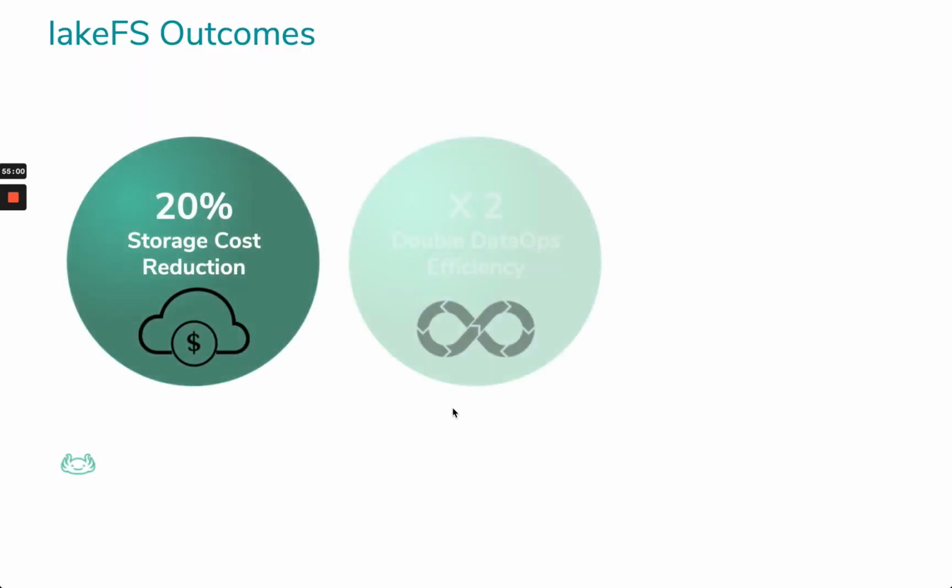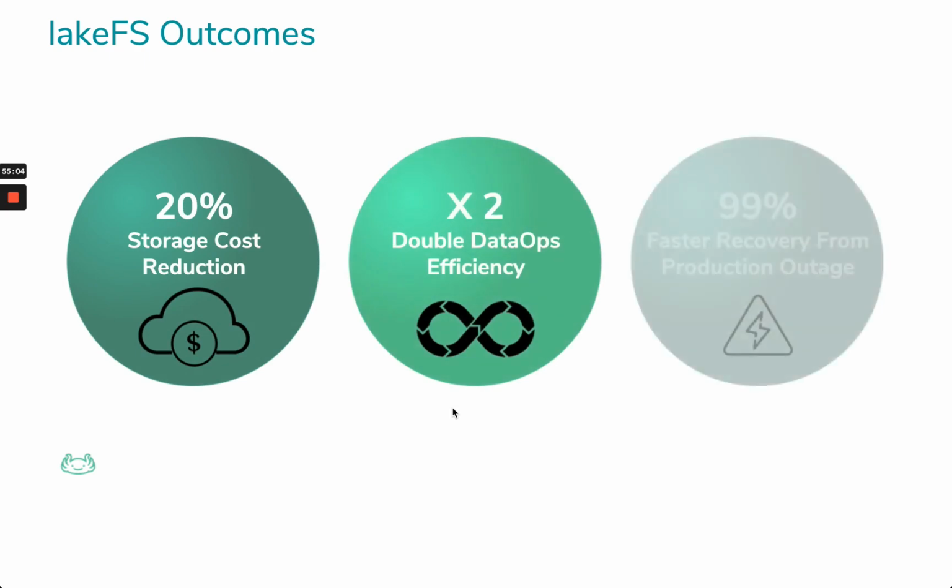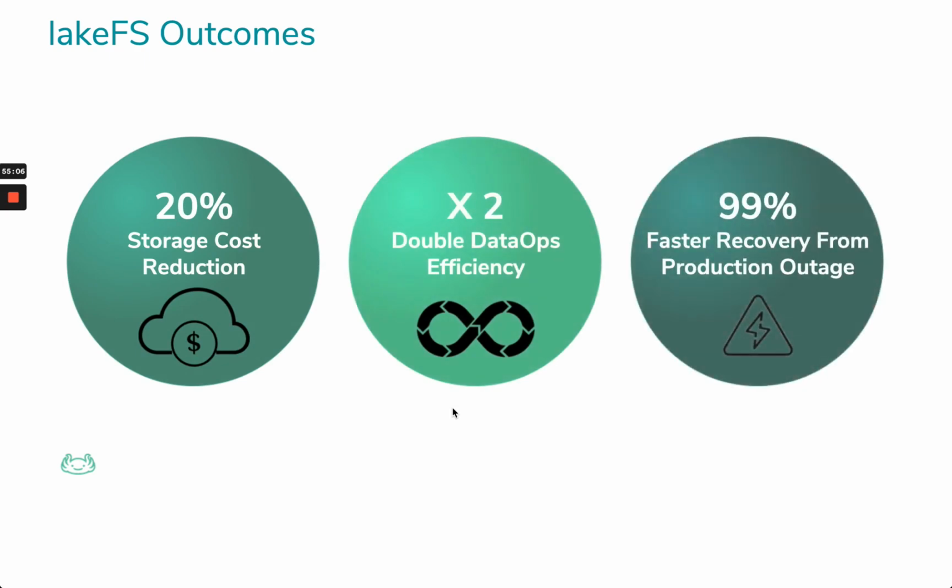Some of the nice outcomes for that: many times we are being asked to cut the cost of our infrastructure, of our cloud, etc. So something between 20 to 80% of our storage we're saving, so storage cost reduction.